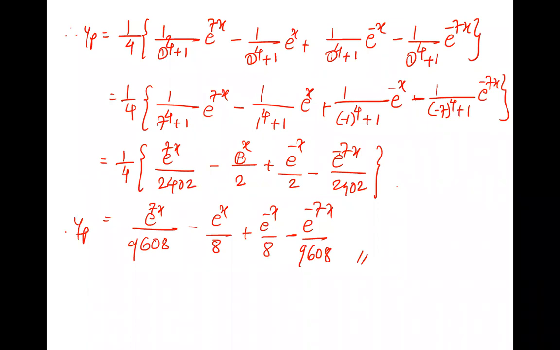Correct? Can you check? Therefore, y is equal to, this is your YP, done. Write your YC plus write your YP, that is the general solution. Please write it there, the YC and your YP.